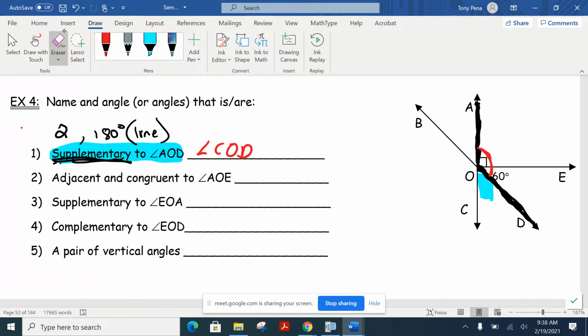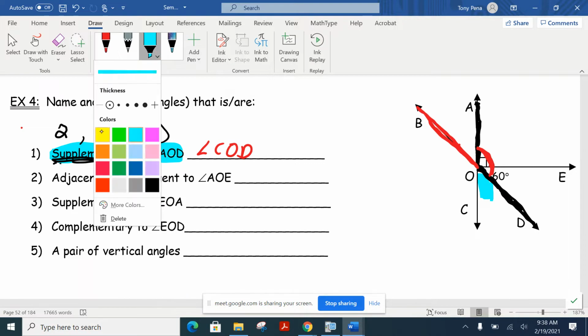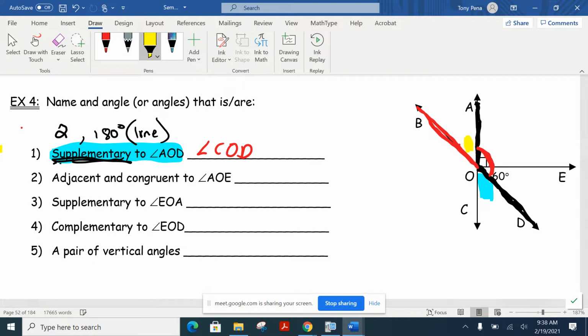There is another, however. So now let me extend this line, right? Because I could also create a straight line right here. Look at this partial angle. So the other angle that could make a straight line with the angle that you were given to work with is this angle right here. Because then that's going to create this straight line.